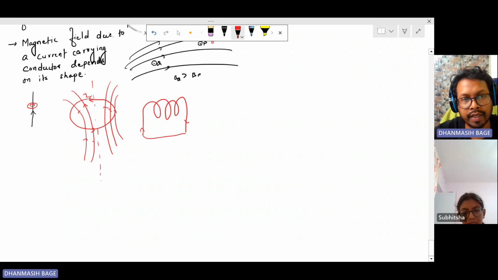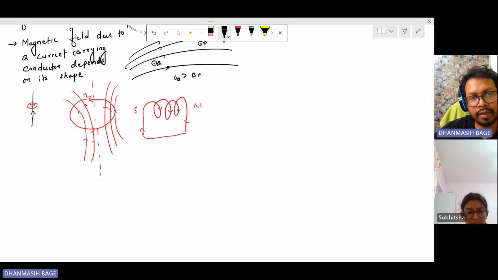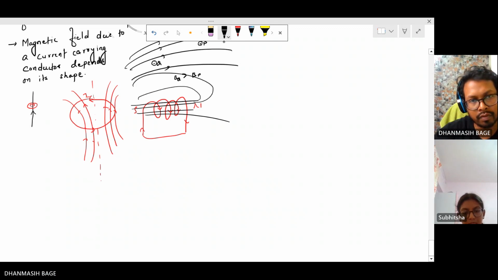And if there is a solenoid, you already know this thing, that if there is a current in this case, this is North Pole, this is South Pole. It will be producing a magnetic field like this. You know these things.